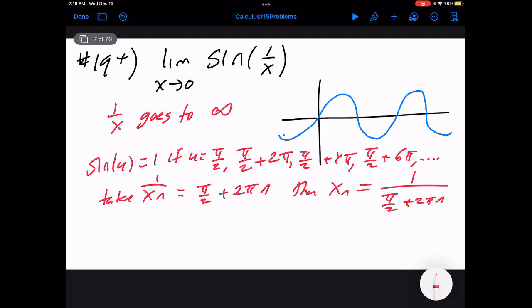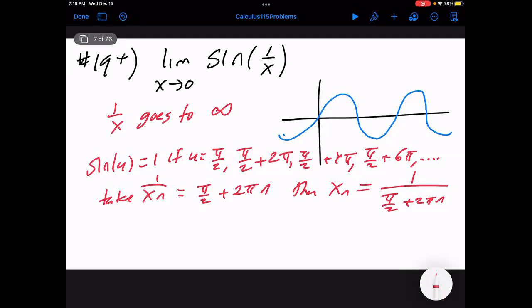As n gets really, really large, what does pi halves plus 2 pi n go to? So what does the denominator, pi halves plus 2 pi n, go to as n goes to infinity?